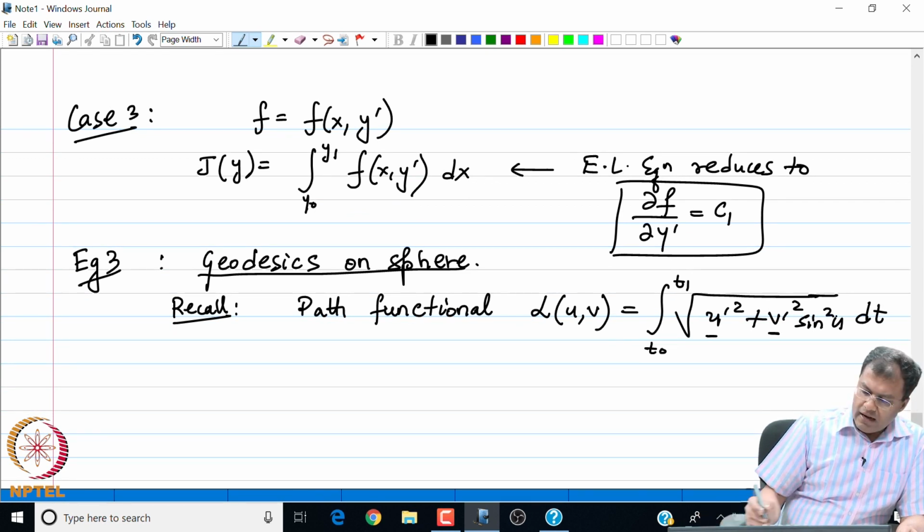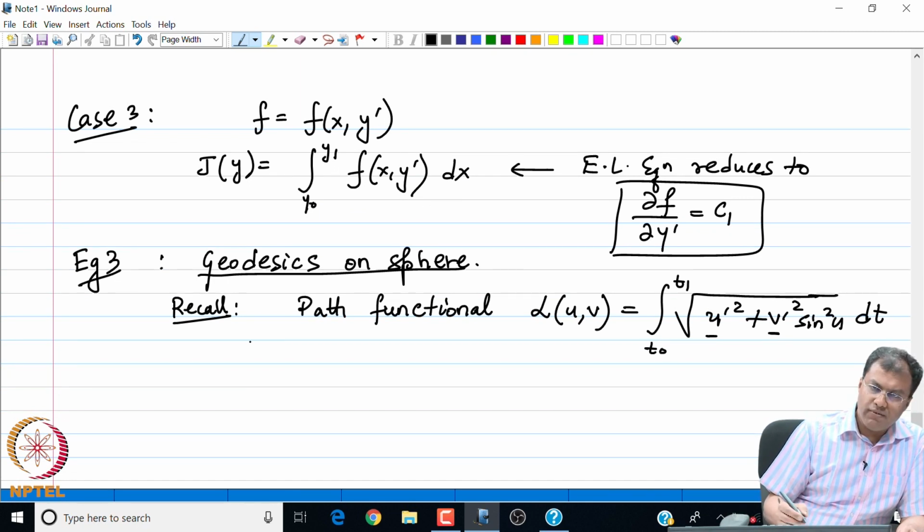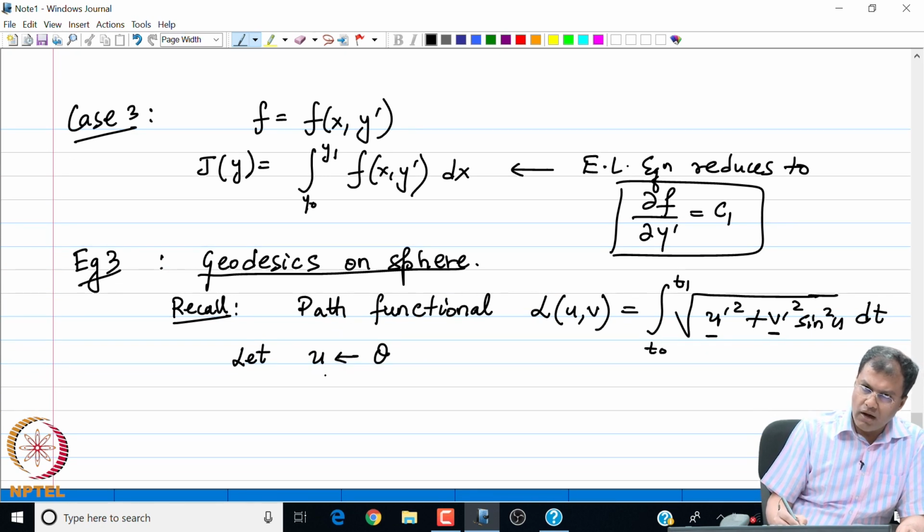So, then we reduce this integrand to a slightly more convenient form by taking another set of variables. Let us say that my variable u is substituted with theta. So, instead of u I am going to use the variable theta. These are all dummy variables, right, and instead of v I am using the variable phi.